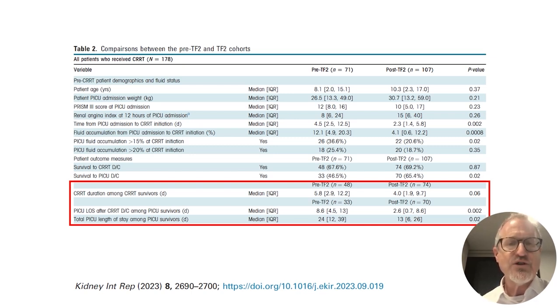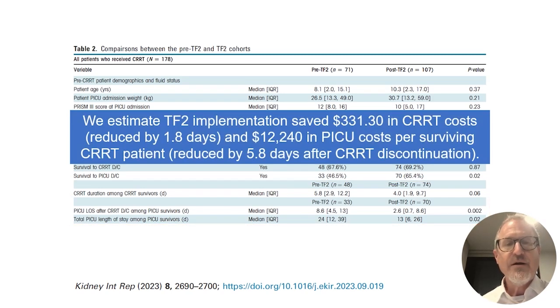So I think this gives strong evidence that integration of NGAL with a risk stratification system can aid in clinical decision support for children who are critically ill and likely to receive CRT. We also estimate that implementation of Taking FOCUS 2 saved about $12,500 per CRT patient treated, due to the decreased number of days on CRT and the decreased ICU length of stay.